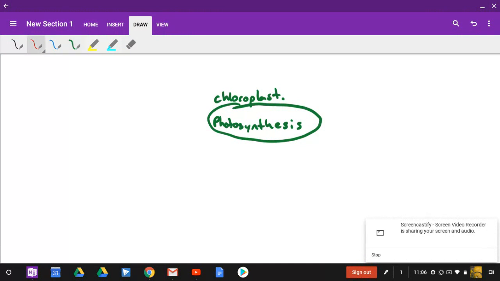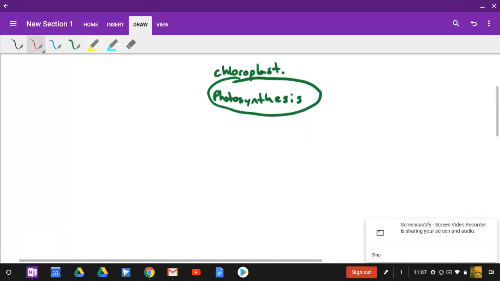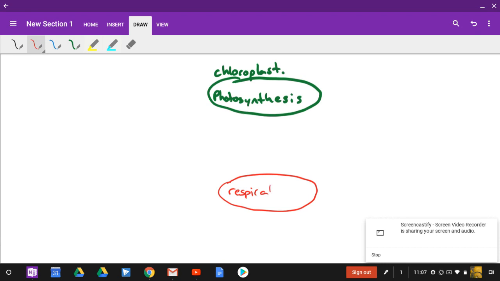And then the other process is respiration. And this is going to be occurring in either the mitochondria or it could be occurring in the cytoplasm of any type of cell, plant cells, animal cells, fungi cells. Any living thing is going to have to carry out cellular respiration.